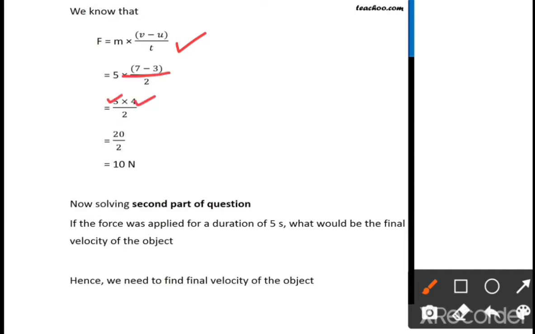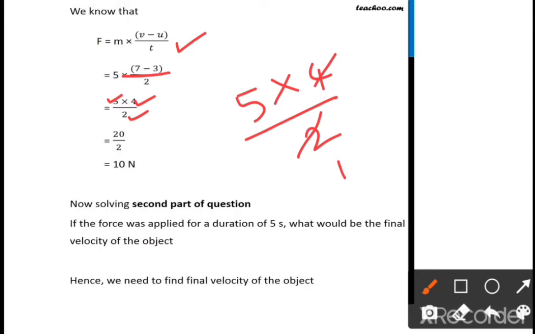So 5 into 4 by 2. 1 2s are 2, 2 2s are 4. 5 into 2, 10 Newton. So the magnitude of the force is 10 Newton.